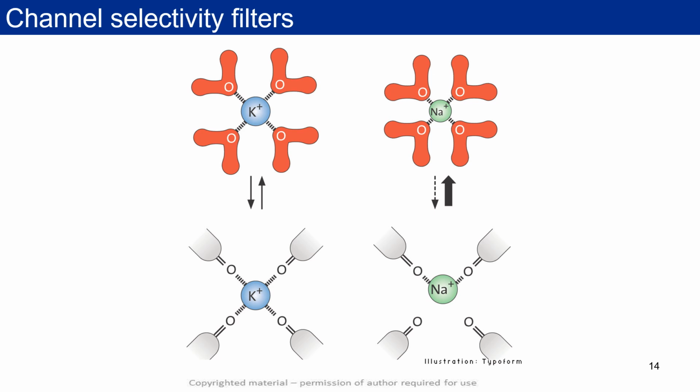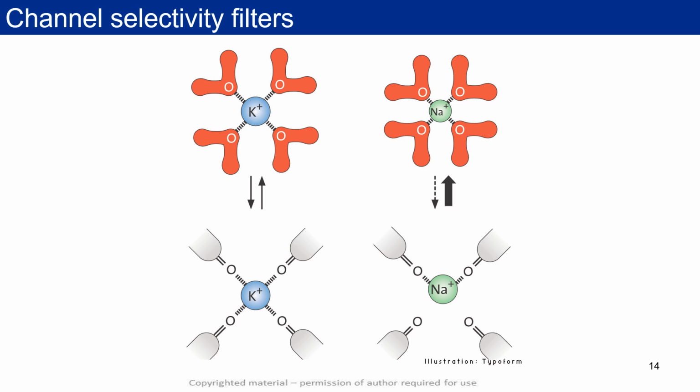But on the right, the smaller sodium ions do not fit properly between the oxygen atoms in the filter. Because they do not interact with the oxygens properly, these sodium atoms cannot pass through the filter, and the arrows indicate that any sodium ions that begin to enter the channel will be kicked back out. This is illustrated by the wide up arrow and the dashed down arrow.